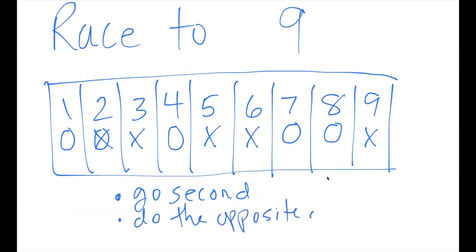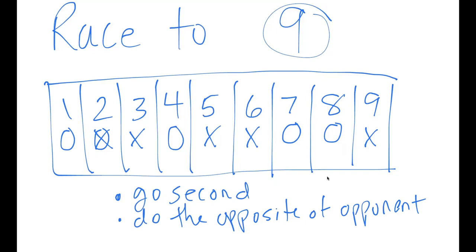Okay. Now, this strategy is going to change if we change the number 9. And that's the idea for this exercise, is experiment with some different race to whatever, and then how does your strategy change depending on the number.